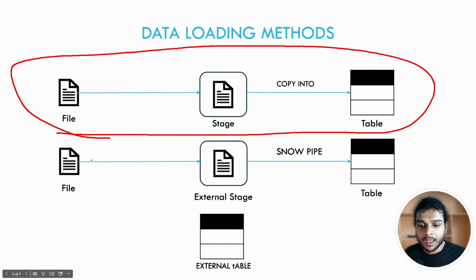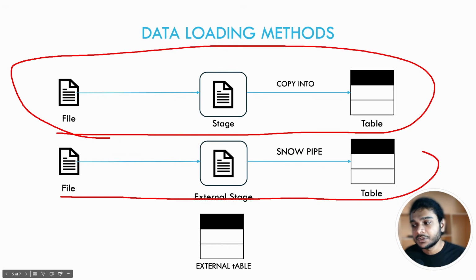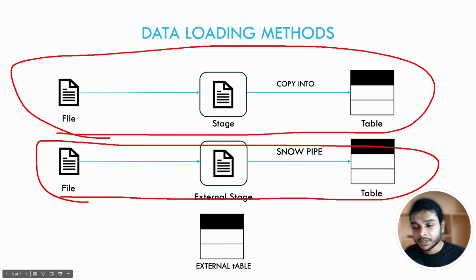But we haven't seen the second method, the Snowpipe, which is a very important method to capture the new files that are getting uploaded into the external stage. So we're going to demonstrate that. But we cannot demonstrate Snowpipe streaming because I don't have access to any API right now.